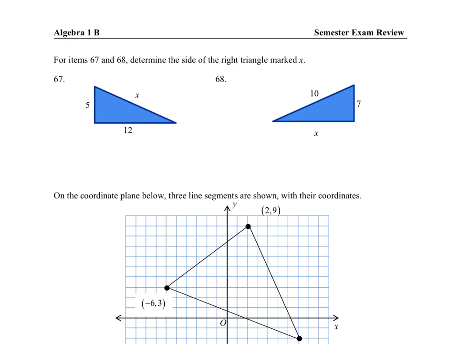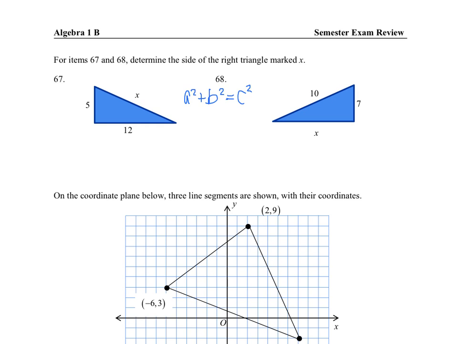For items 67 and 68, determine the side of the right triangle marked x. Well, since we know that these are both right triangles, we can use Pythagorean's theorem to help us determine the missing side. Pythagorean's theorem says a squared plus b squared equals c squared, where a and b are our legs and c is our hypotenuse.